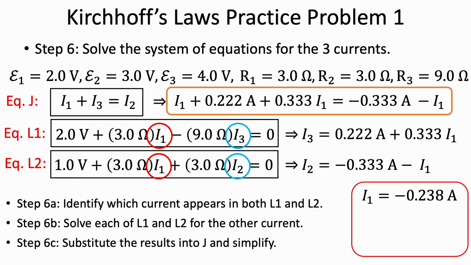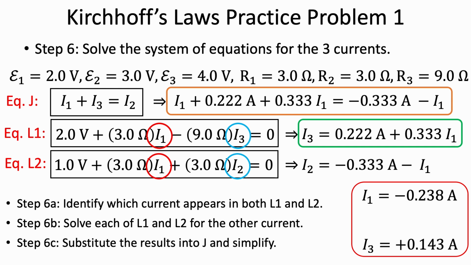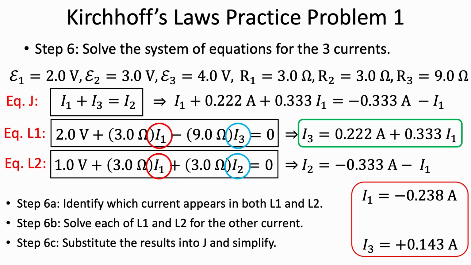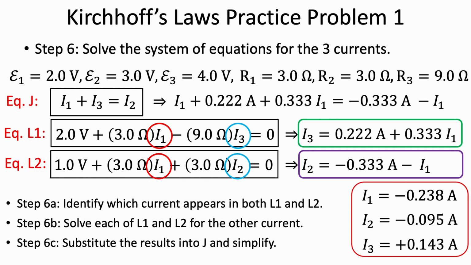Now that we know the value of I1, we can plug it into the equation boxed in green and show that I3 is equal to positive 0.143 amperes. Finally, we can plug in the value for I1 into the equation boxed in purple and find I2 to be negative 0.095 amperes.